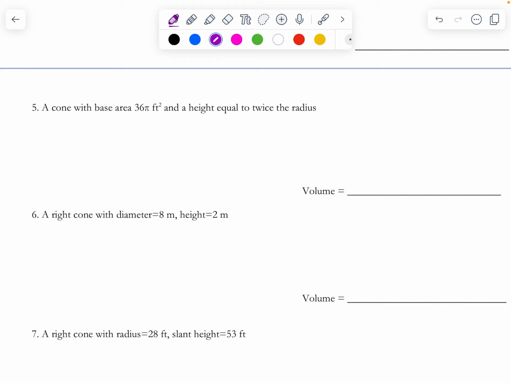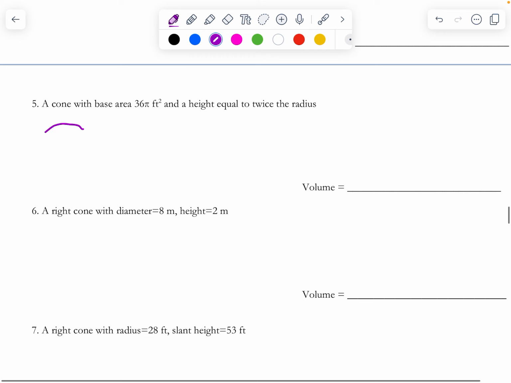Now for this one, what they're telling us is a cone has a base area of 36 feet. One thing you gotta remember is that a cone has a circle as its base. And then from here, you got those slant heights.